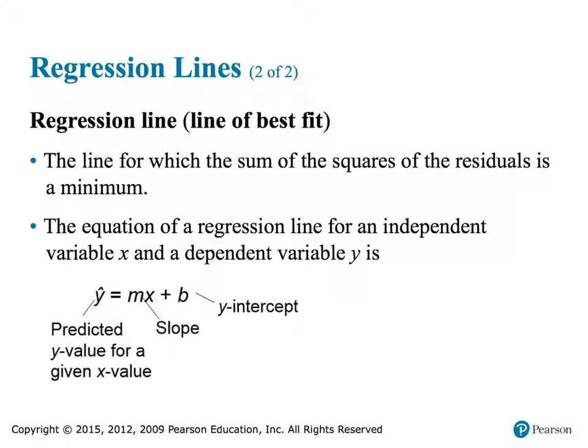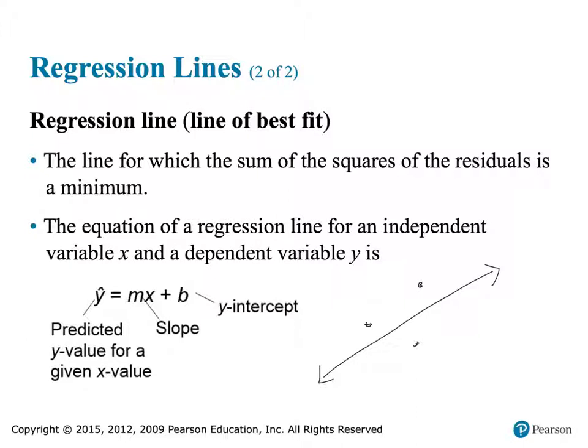So the regression line is the line for which the sum of the squares of the residuals is a minimum. Let me demonstrate what I mean by that. Say this is our line of best fit, and just for simplicity, say I've got these 3 points in my data set.